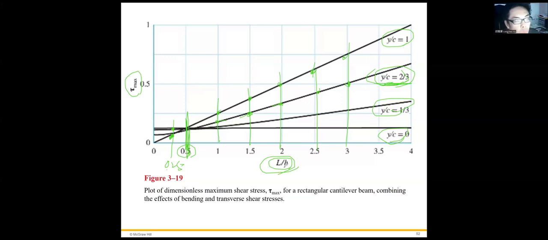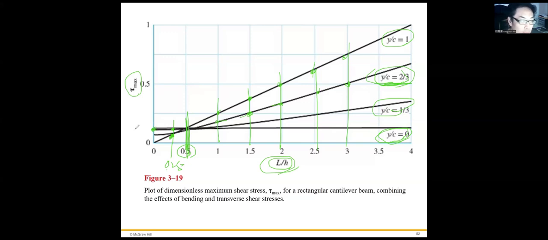So what is the meaning of y over c equals 0? That means the neutral axis. So at this point, what stress should be dominant?